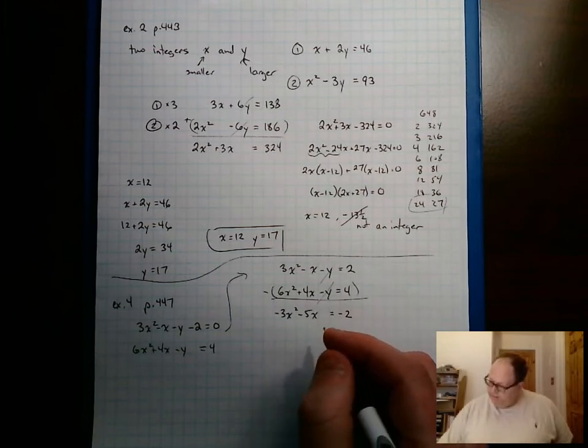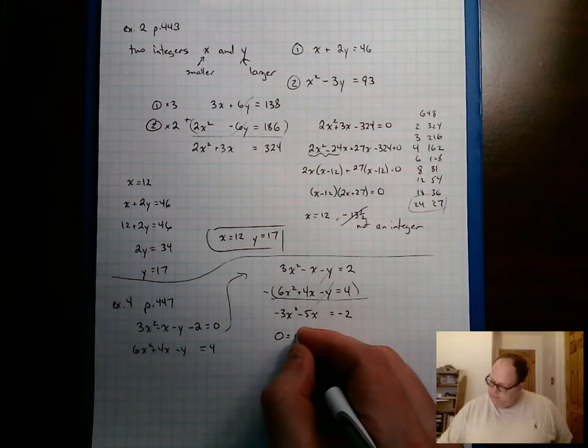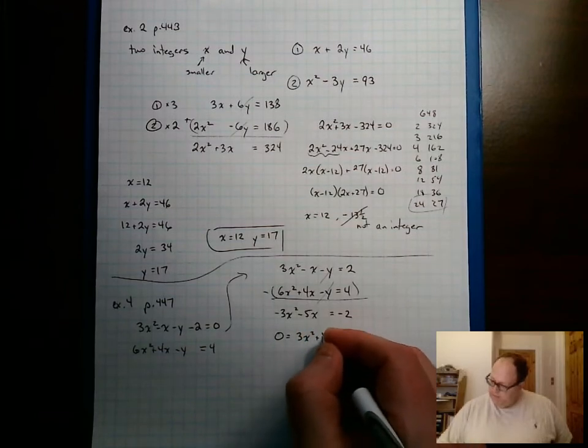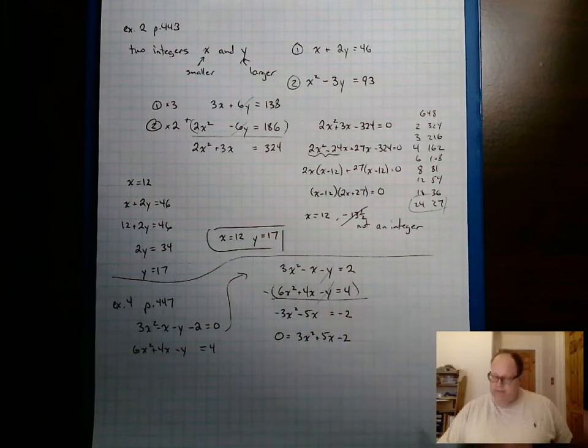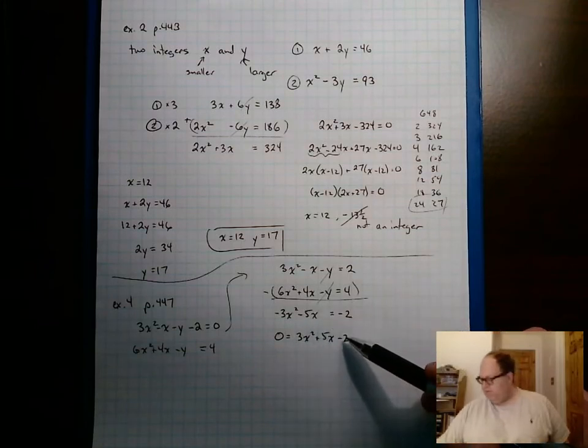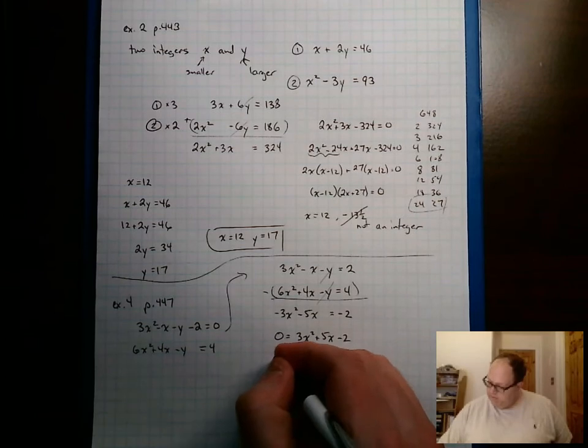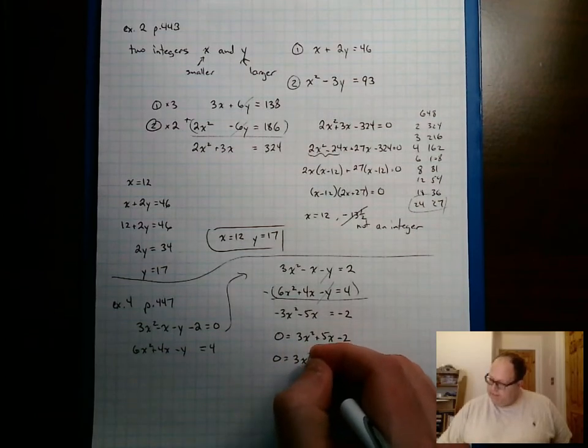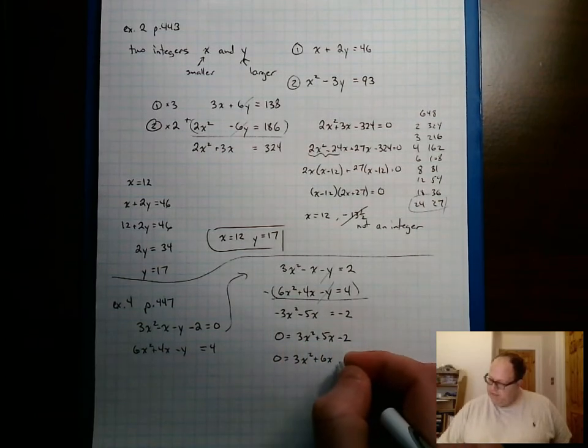If I bring everything to one side, I'd end up with 0 equals 3x squared plus 5x minus 2. Two numbers that add up to 5 and multiply to negative 6 would be 6 and negative 1. So I can decompose the 5x into 6x minus x.